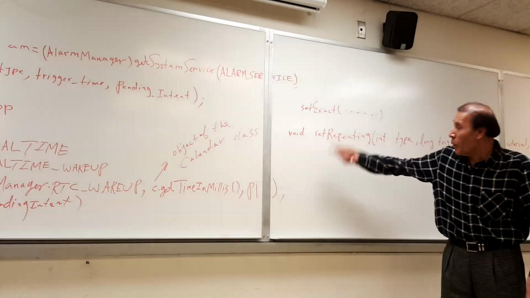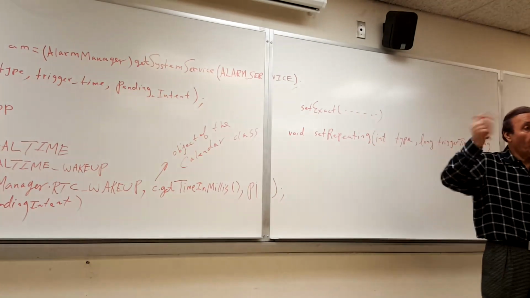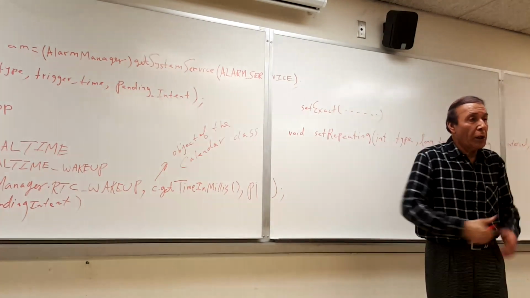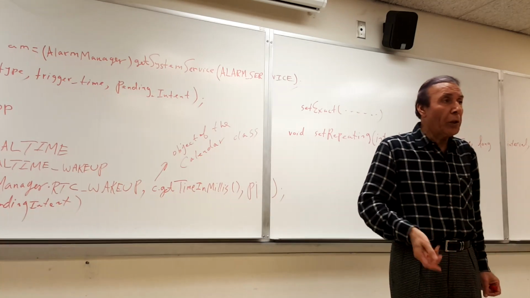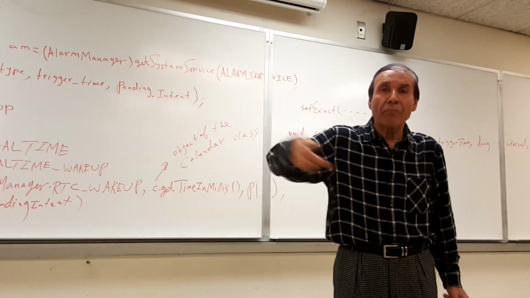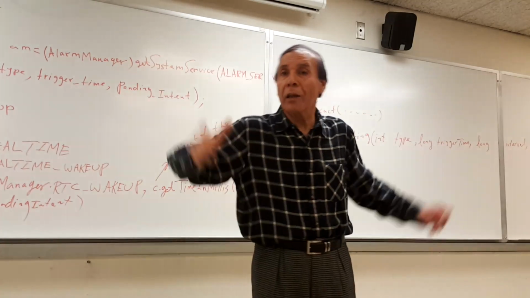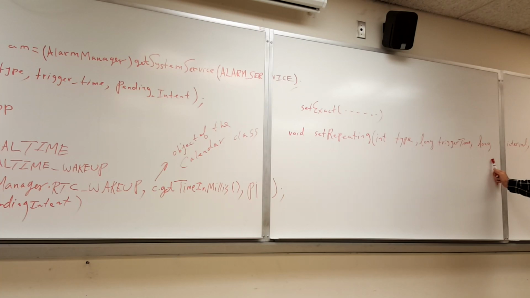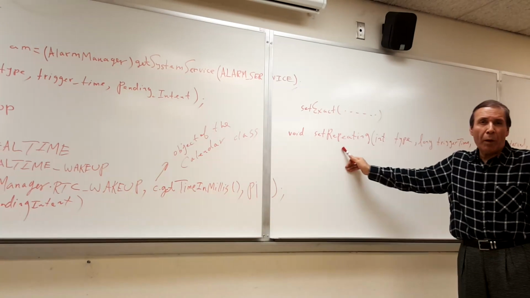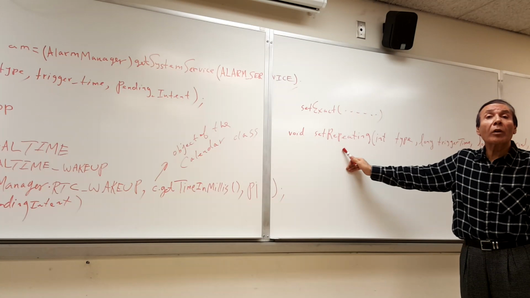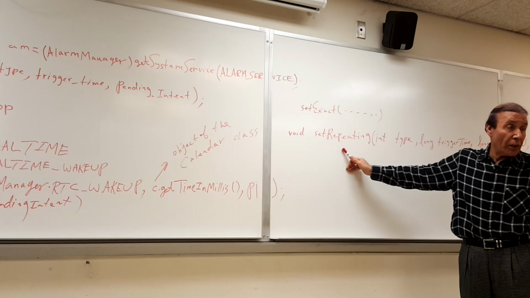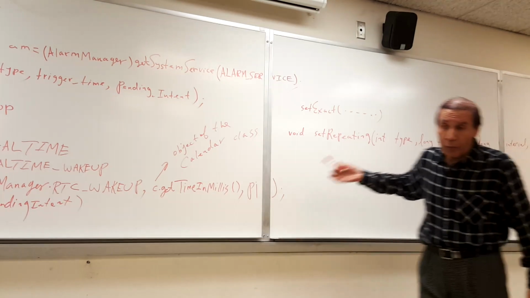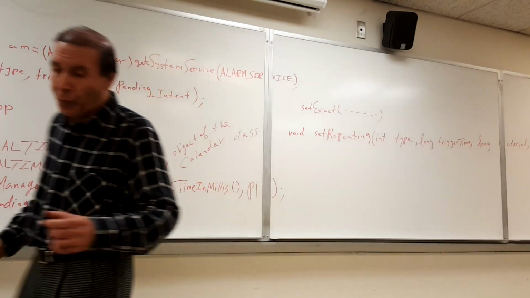So now we get into repeating. It means for the interval, just repeat. It's not something like at 2 in the morning and then go every 10 seconds until something happens, right? So we are doing this, okay? But again, this is causing a little bit of problem for most of the modern versions of AlarmManager.